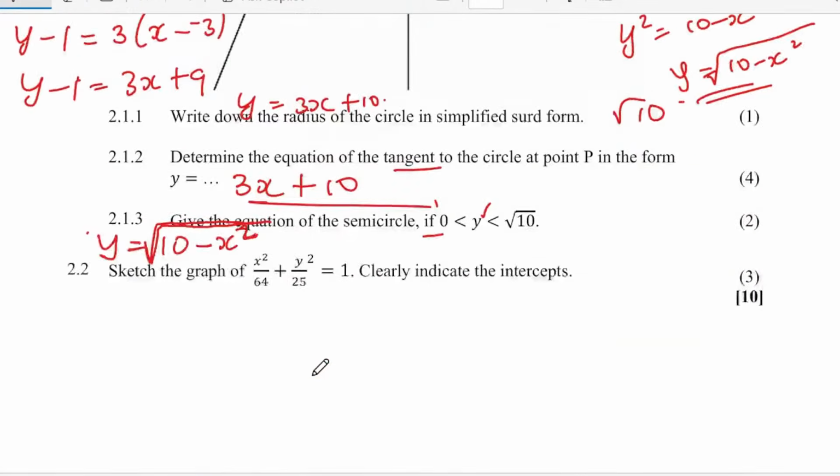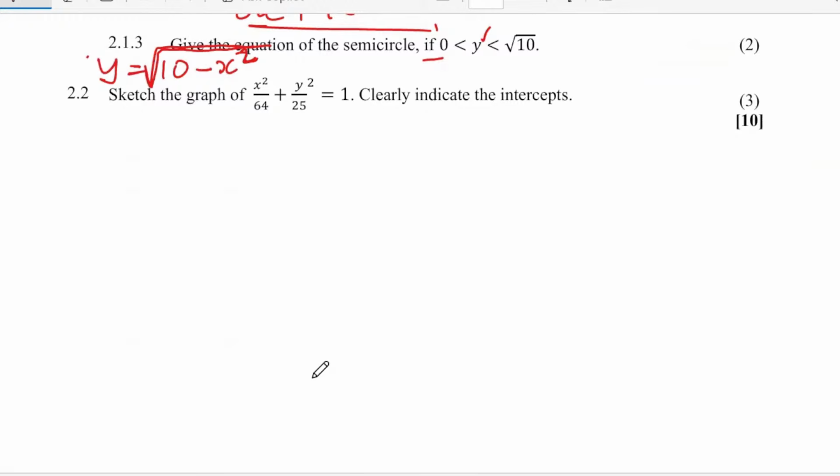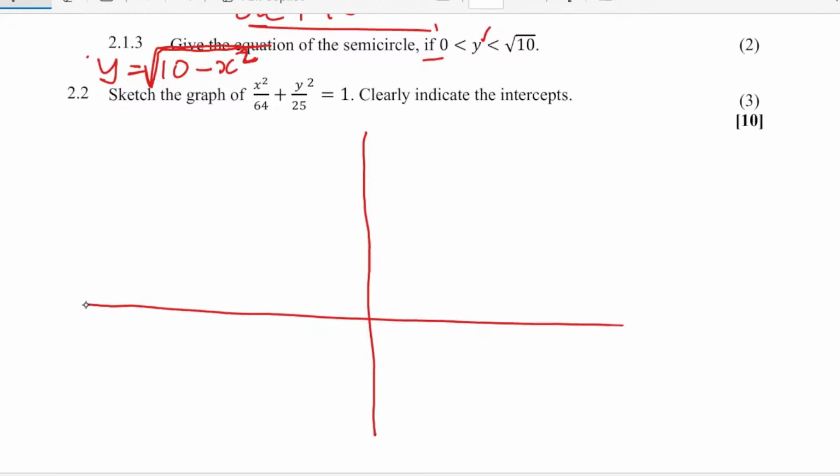And then 2.2, they want us to sketch this ellipse clearly. Okay. So that is our y, this is our x. Forgive my drawing, but yeah. So if this is 64, the square root of 64 is going to be 8. So -8, +8.